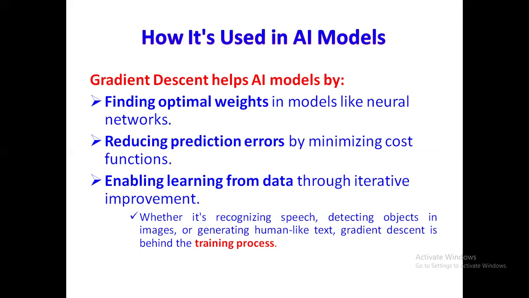Gradient descent computes the gradient, or slope, of the loss function with respect to each model parameter and uses this information to adjust those parameters in the direction that reduces the error. These small, repeated adjustments allow the model to become more accurate over time. Whether it's a linear regression model, a decision tree, or a complex neural network, gradient descent is the mechanism through which the model optimizes itself to perform better.